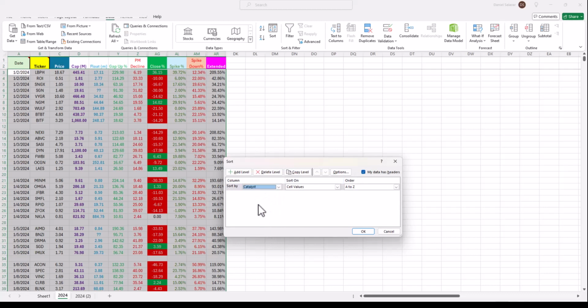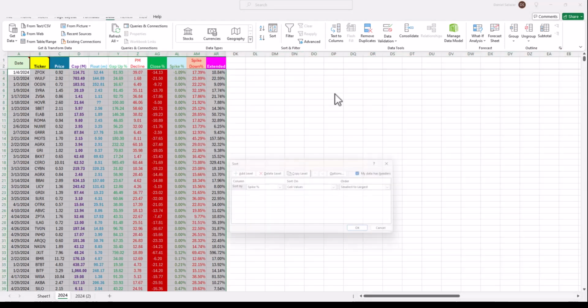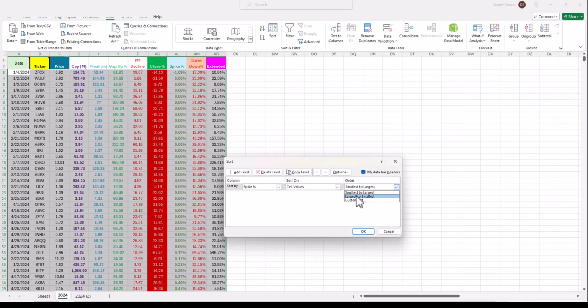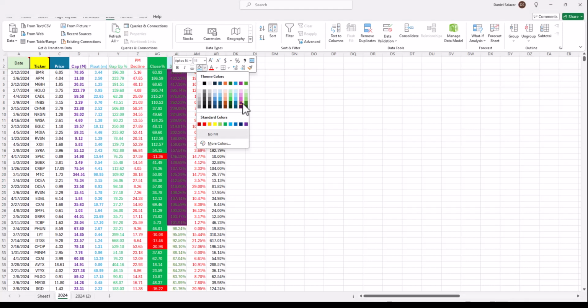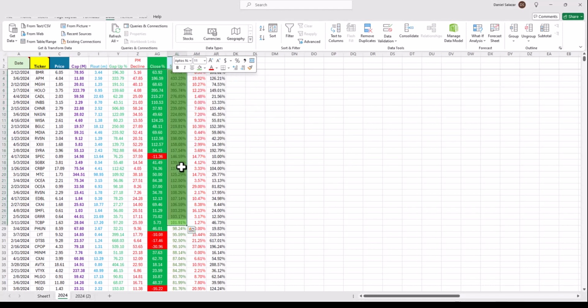I am going to color them so it'll be easier to read and understand. Anything that has spiked up over 100, I'm going to color green.